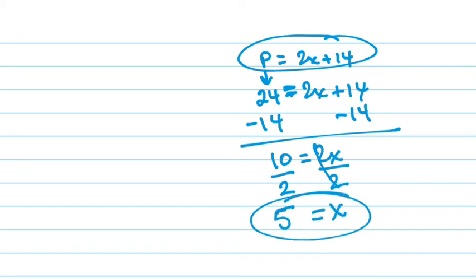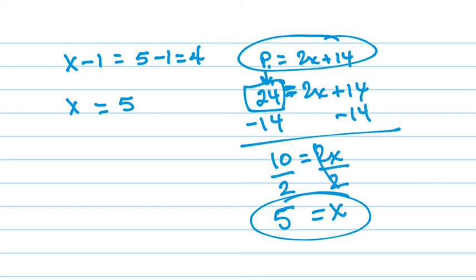So because we were given an actual number for perimeter instead of just using P, we could actually solve the equation and find the value of x. Now, if you had x minus 1, well, we know what x is. That means x minus 1 would be 5 minus 1, or 4. So make sure that you're careful that you're answering the questions.